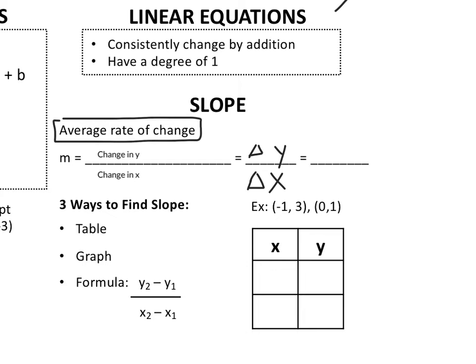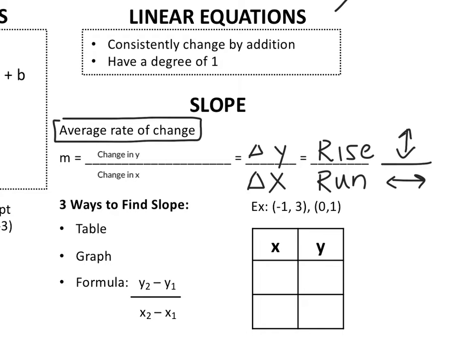That delta symbol means change in, so really it's the same thing. A common one is rise over run. Regardless of what definition you use or how you think of it, you're always going to do your change in y, your vertical change, over your change in x, your horizontal.